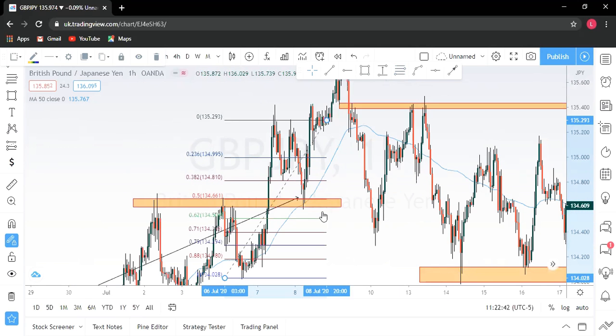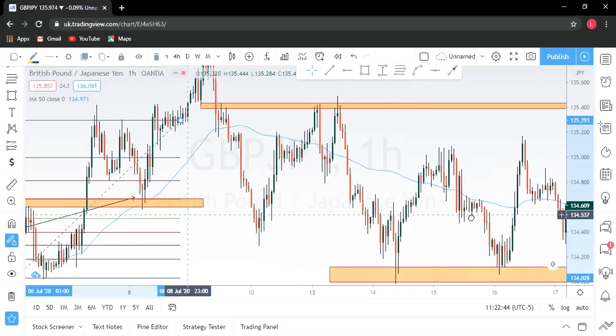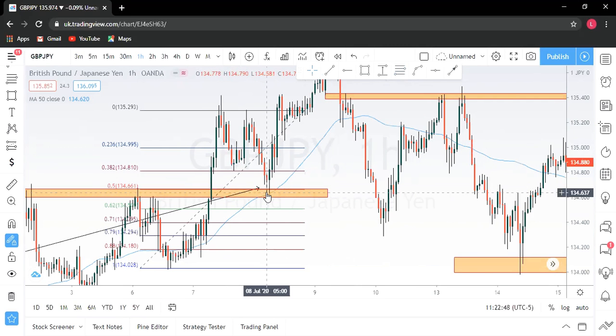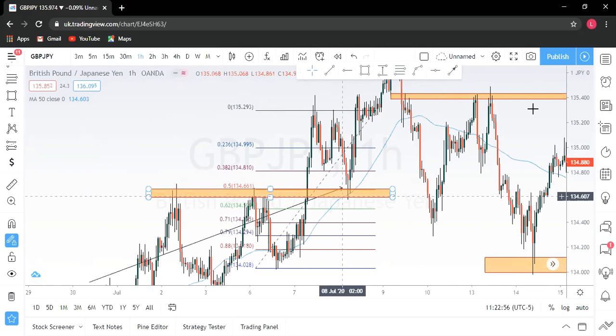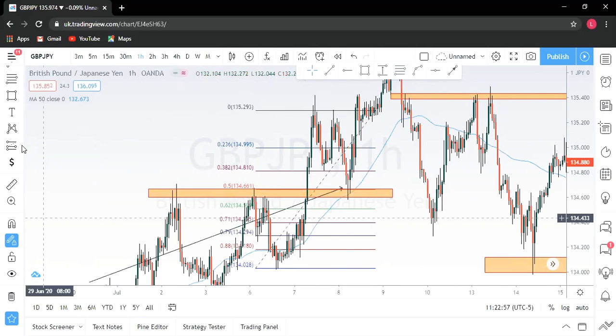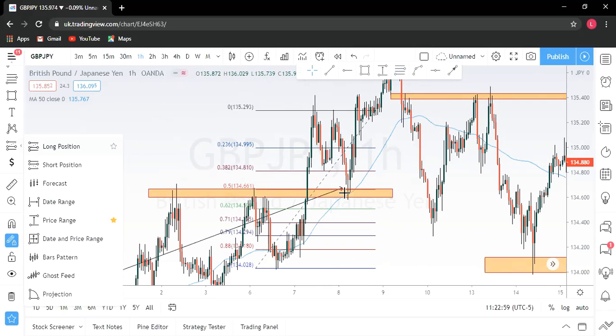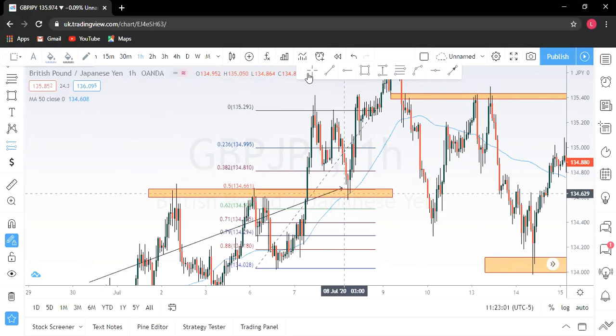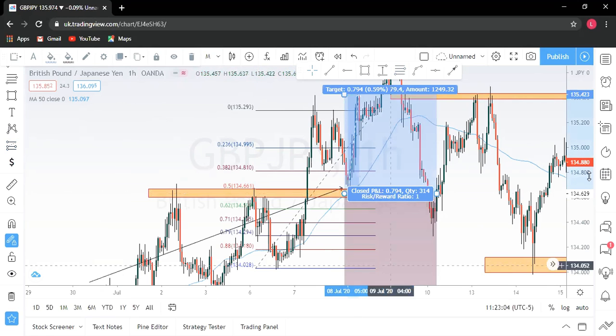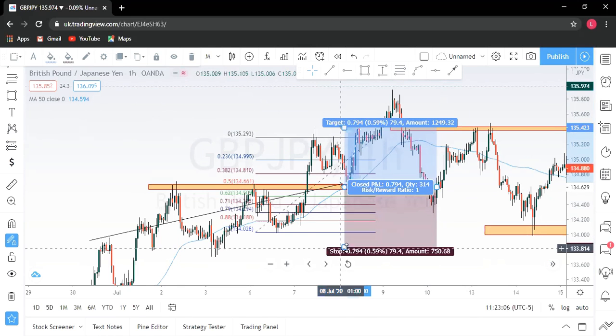Can you see? It actually falls in our 0.5. A pin bar at 0.5 shows that there is nothing that could stop this from a buy. You just take your long position, take it from there, then to the next resistance. So that means you have four confluences.